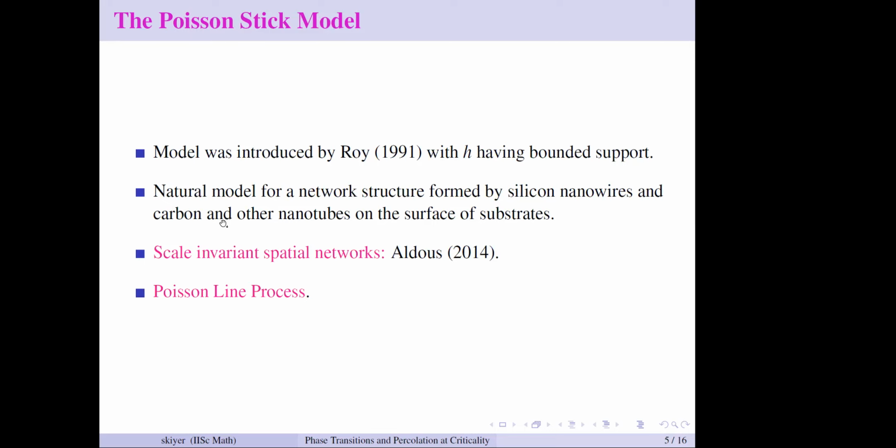they refer to this kind of model, not quite models, but they seem to be natural models for materials where you have very thin wires that are embedded in that material. And when two of these wires intersect, you can think of current passing through them. They study the conductance and other properties of these materials.